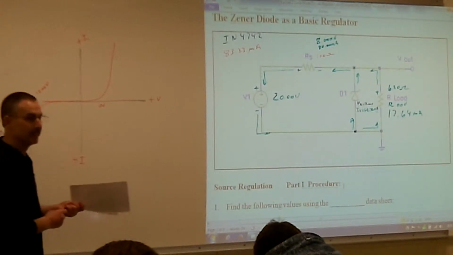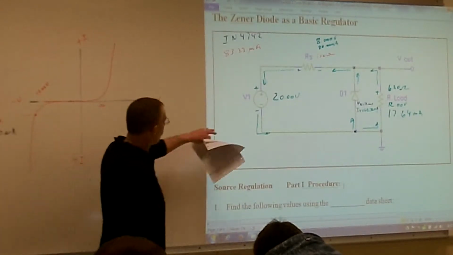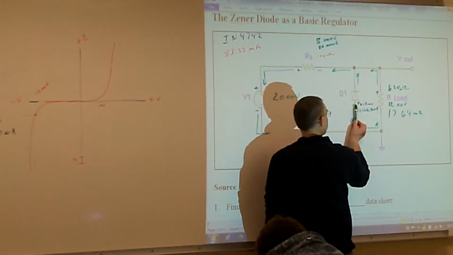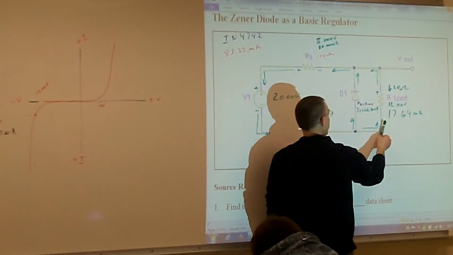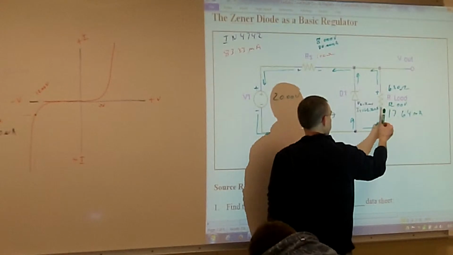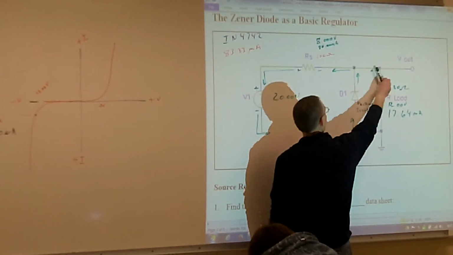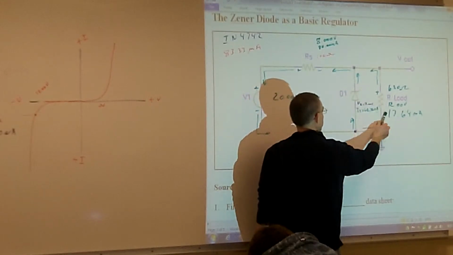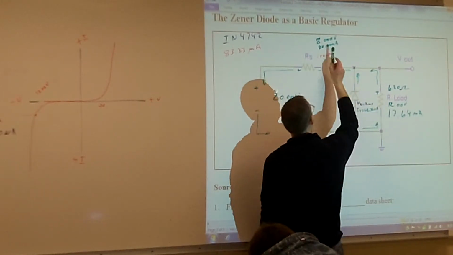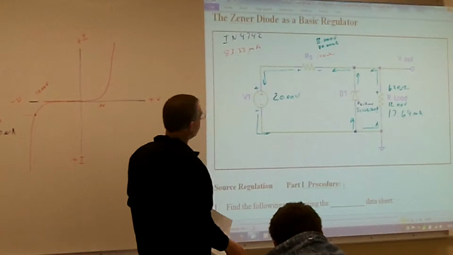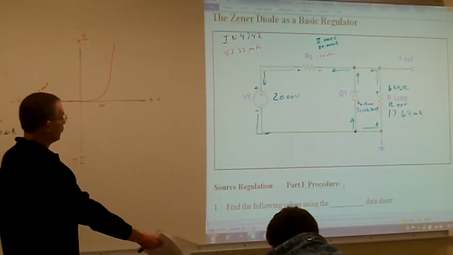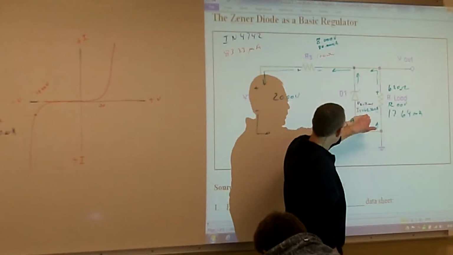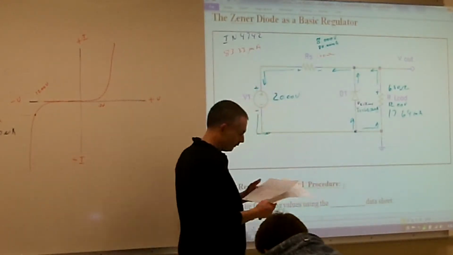We knew all my current was coming out of my power supply. Some of it went this way, and 17.64 milliamps, which we could calculate, went this way. Then those two currents had to combine to our total of 80 milliamps. So we took 80 milliamps, subtracted 17.64 milliamps, and the remainder was going through our Zener.